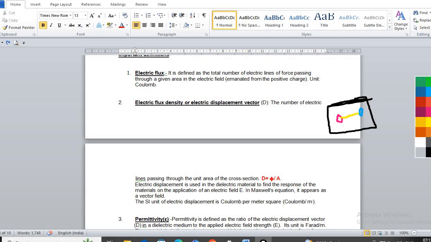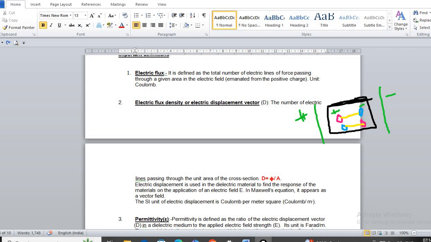Now if you apply the field, the positive charge will repel the like charge, so the dipole will try to change its position. Due to that applied field, the polarity of this dipole will be reversed. The negative will come somewhere here and the positive will be shifted towards this.